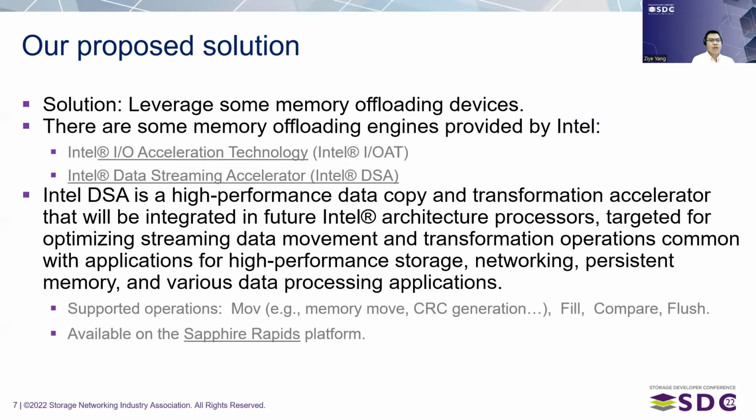And the DSA can support the following operations, such as movement operations, for example, memory movement between memory and persistent memory, fill, compare, flush, or other operations. It will be available on the Sapphire Rapids platform.